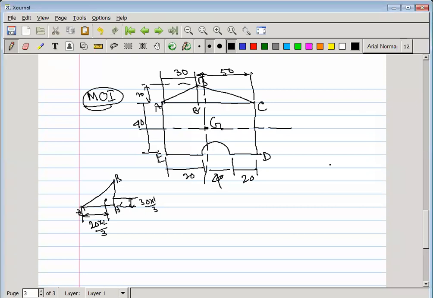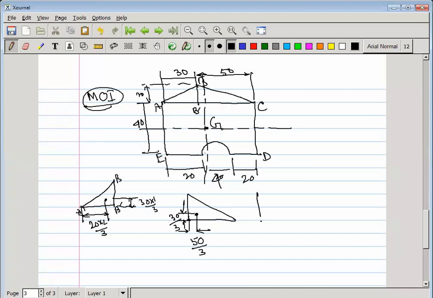Similarly, here also in this other triangle, it is the 1/3 value. So this is nothing but how much? Total is 50, so 50 by 3. Similarly, this one also height by 3.